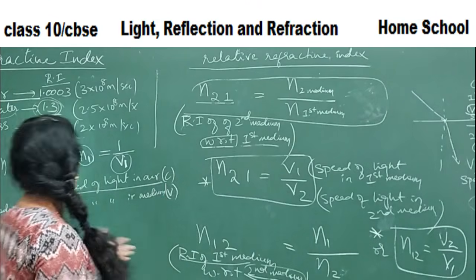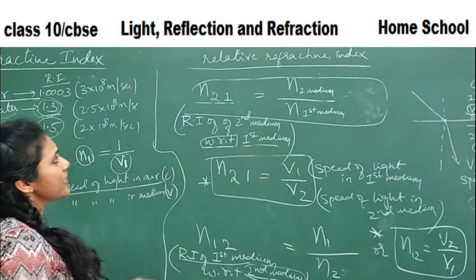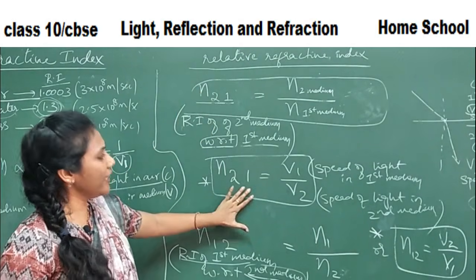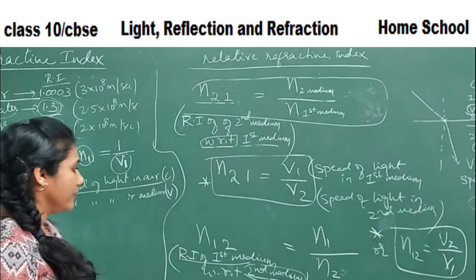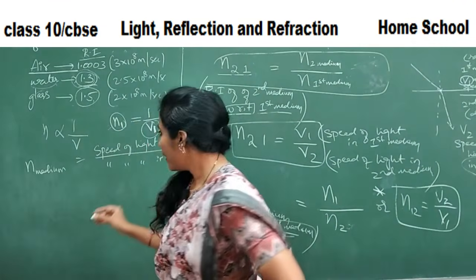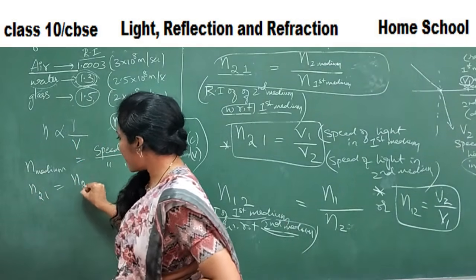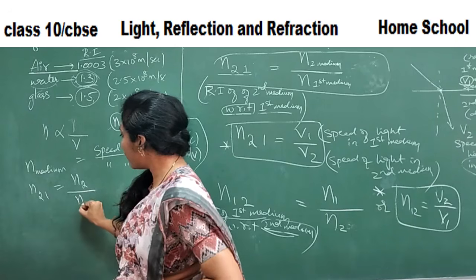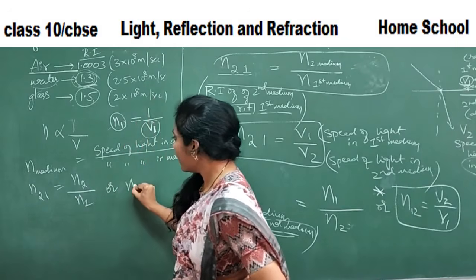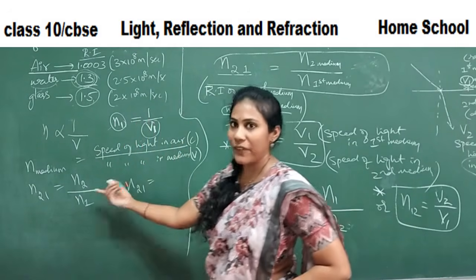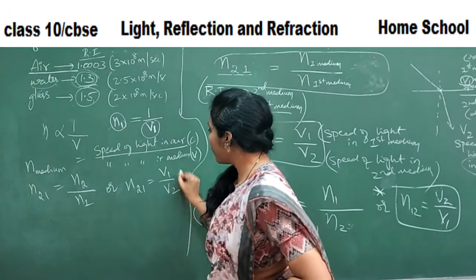Okay, so let me list out those formulas here. So altogether, how many formulas did we study? One, if you know this, you can write this. Second one, if you know this, you can write that, right? So let me write N21 is equal to refractive index of the second medium divided by refractive index of the first medium. Okay, or from this only I will get N21 in terms of speed. If I have to write, I will be writing V1 divided by V2.